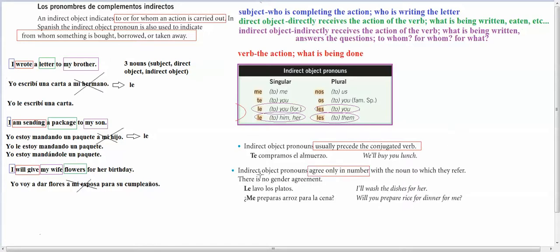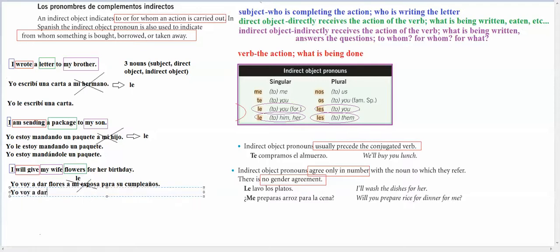There is no gender agreement. Okay, so for mi esposa, I'm still gonna use le. There's no difference.